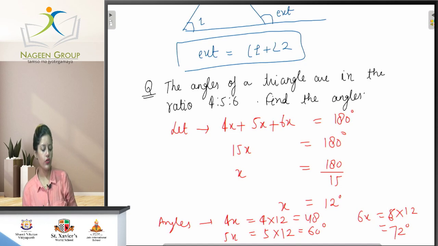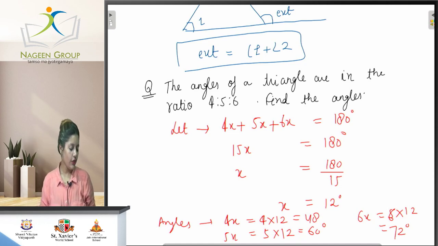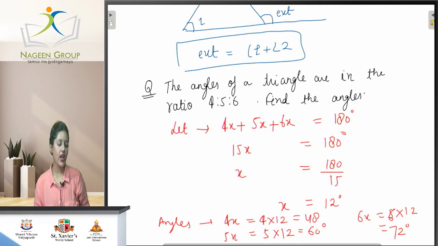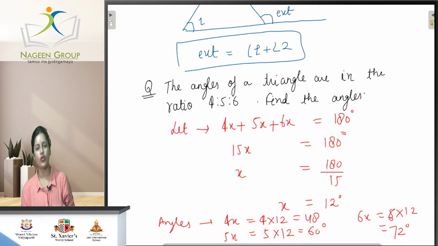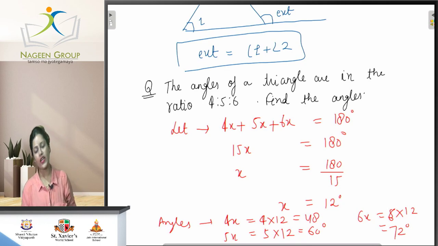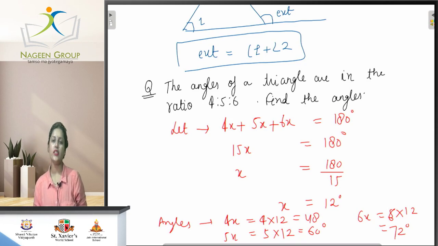Understand? So here we completed our fourth class, that is the properties of a triangle. We will meet you soon in our class 5, that is more criteria for the congruence of triangles. In this class 4, we have learned the properties in the form of theory as well as proof.